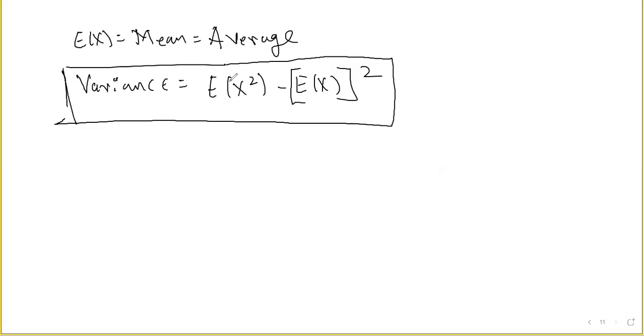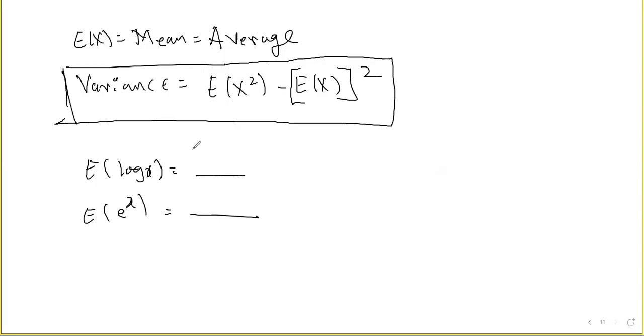So in the next class, we are going to discuss expected value of a certain function. For example, instead of x square, suppose we have log x. How to find expected value of e power x? How to find that, right? So next class we are going to find expected value of certain functions.